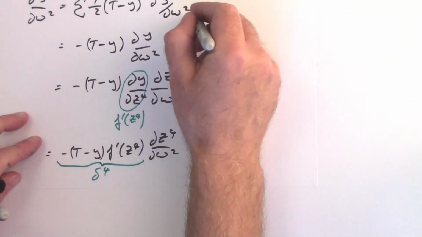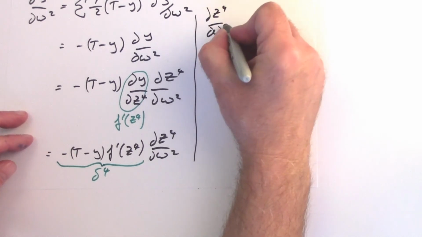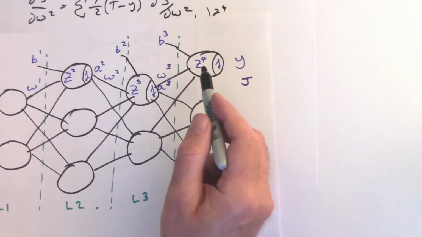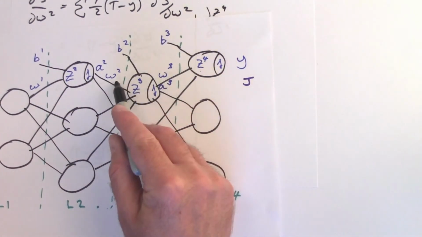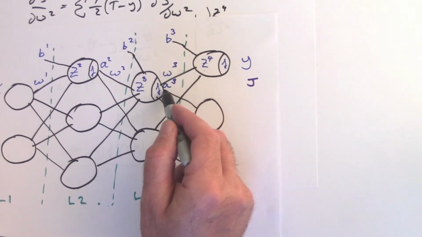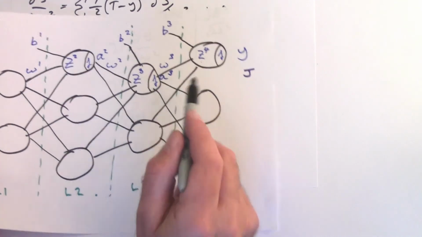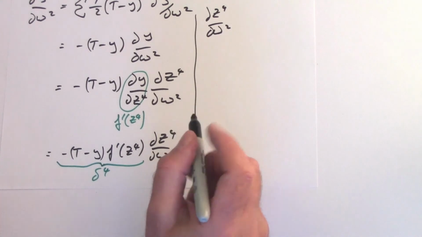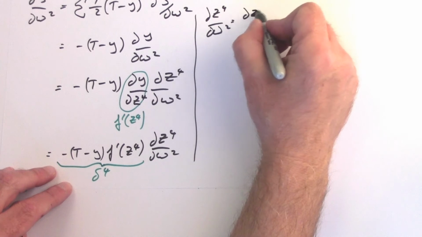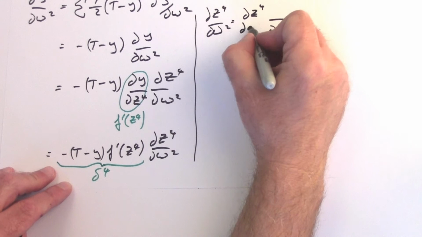And what do we do with this dz4 by dW2? Well, if we have a look here, we've got quite a long way to go to W2, so the next non-weight result of calculation is A3, so we have to do the chain rule with A3 as a dependent variable, so that becomes dz4 by dA3 times dA3 by dW2.